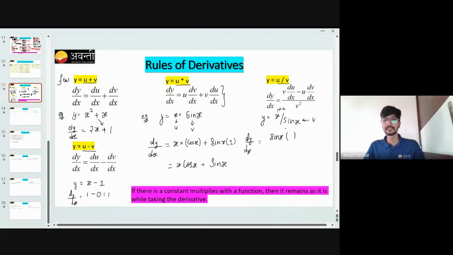Derivative of u is 1, minus u, x, into derivative of v. Derivative of sine x is cos x. The whole upon v square, and v square means sine square x. If I simplify it, my final answer will be very simple: sin x minus x cos x upon sine square x.